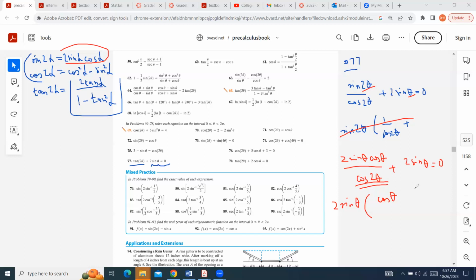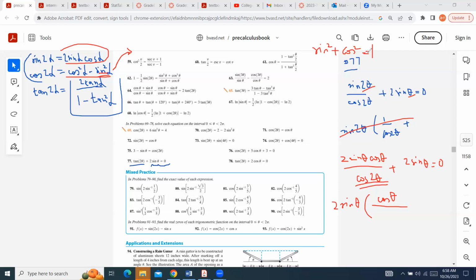Since I see cosine, maybe I write everything using cosine, right? So instead of using this formula, I could say this is the same, since sine squared plus cosine squared equals 1, right?